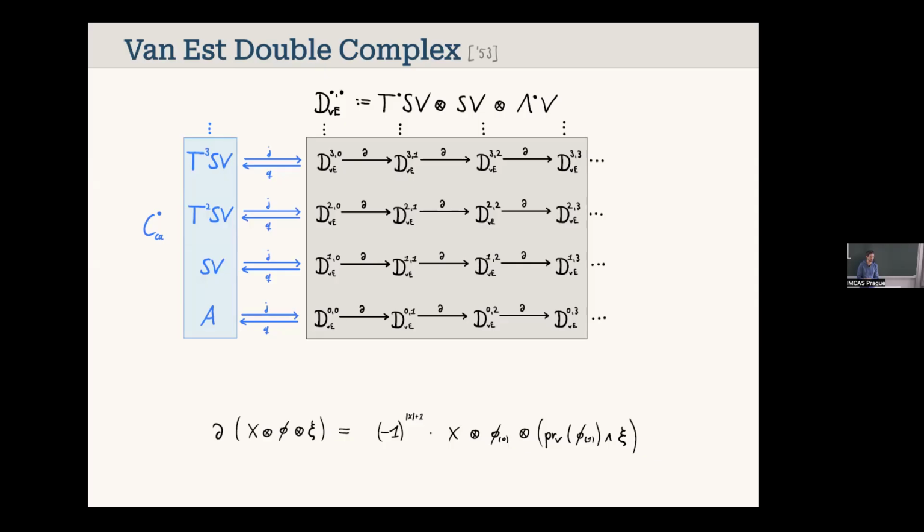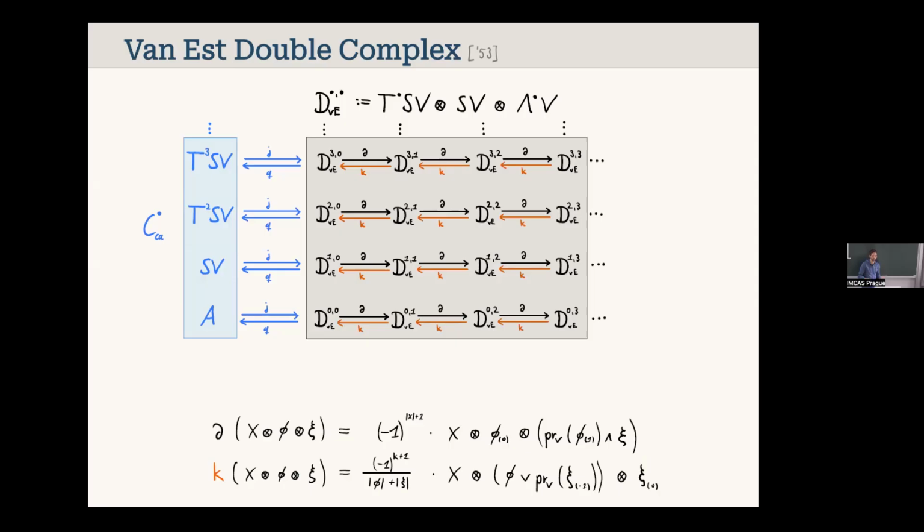So for example, here we can include this TSV part by simply using 1 and 1 in the SV and in the wedge V part, so in degree 0. And we can project down by simply projecting SV and wedge V to degree 0. And then we can also write down a homotopy that actually shows that this is the cohomology of this row. And the homotopy is also pretty easy. Again, we have some prefactors, we don't care, we do nothing on the TSV part.